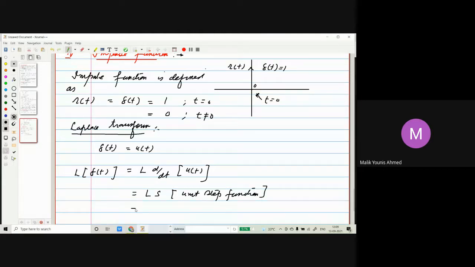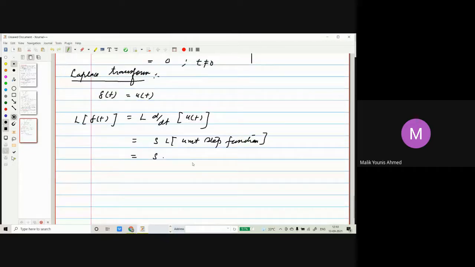The Laplace transform of the operator d by dt is s. We know this already. The Laplace transform of u of t, the unit step, is 1 by s.